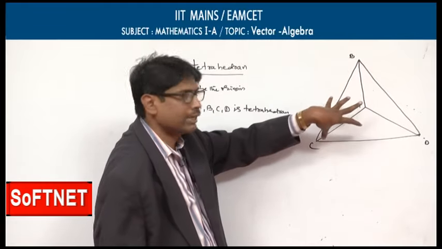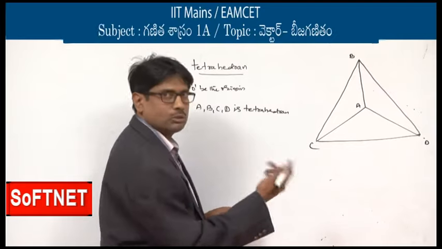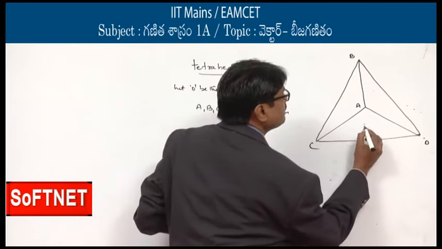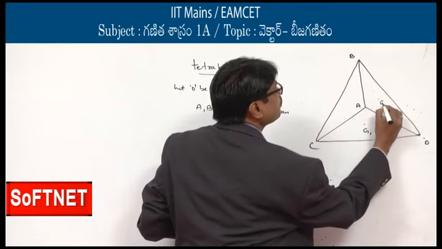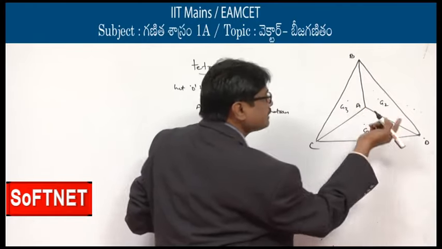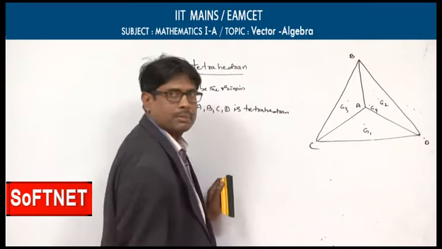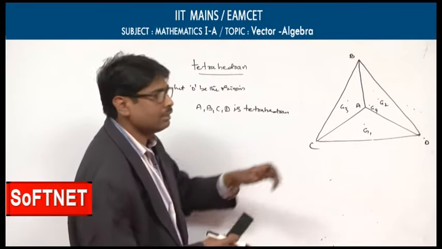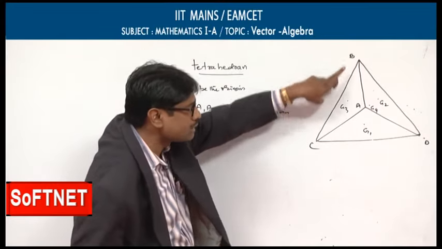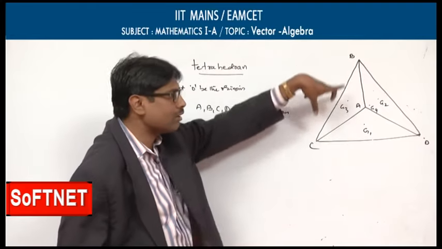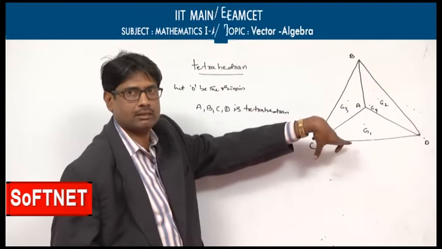For these 4 triangles, we can define 4 centroids. Let us call them G1, G2, G3, G4. The line joining the opposite vertex to the centroid of the triangle we call a median of the tetrahedron.